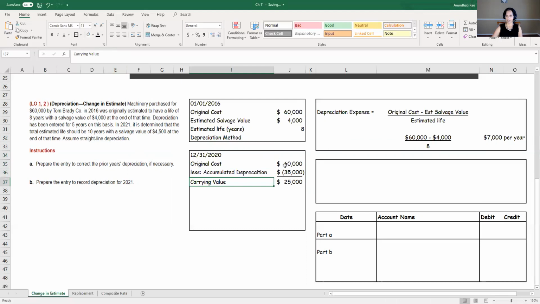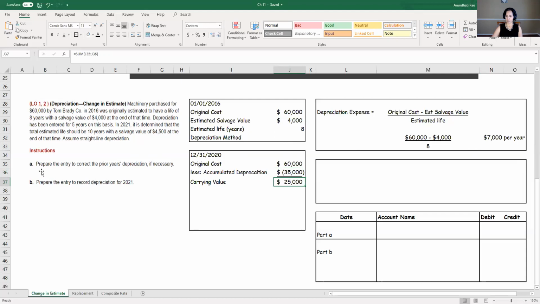That $60,000 is the original cost. I got the number from here. I have depreciated the asset 5 times because I've used this information 5 times. So it's $7,000 per year multiplied by 5 is 35, leaving me with a carrying value or book value of $25,000. This is now the starting point for the asset's depreciation moving forward when we make our changes.